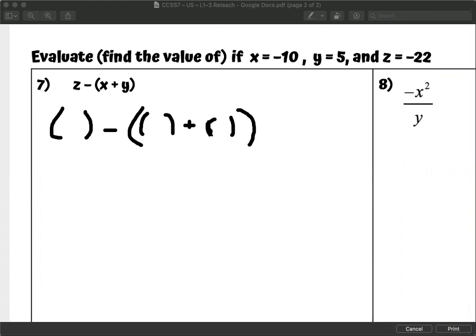So I'm going to plug in my z value here, which is -22. My x value, which is going right here, is -10.